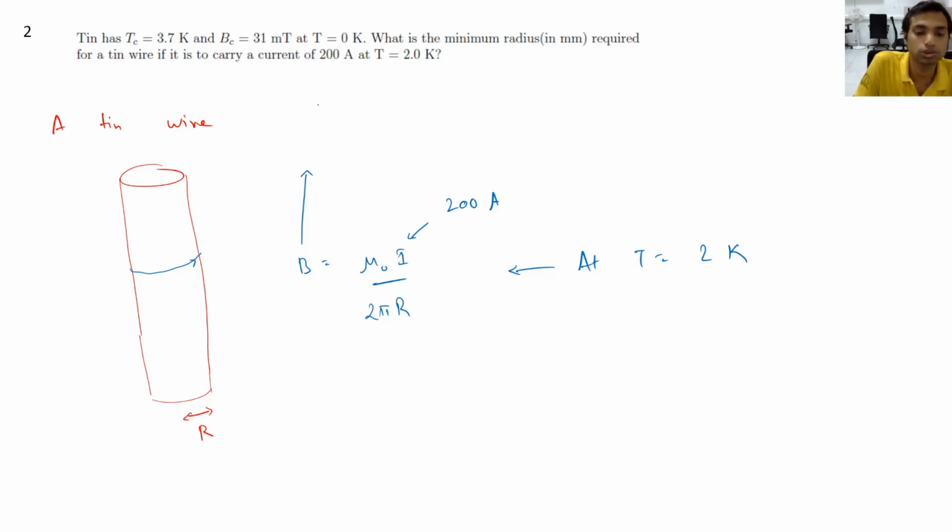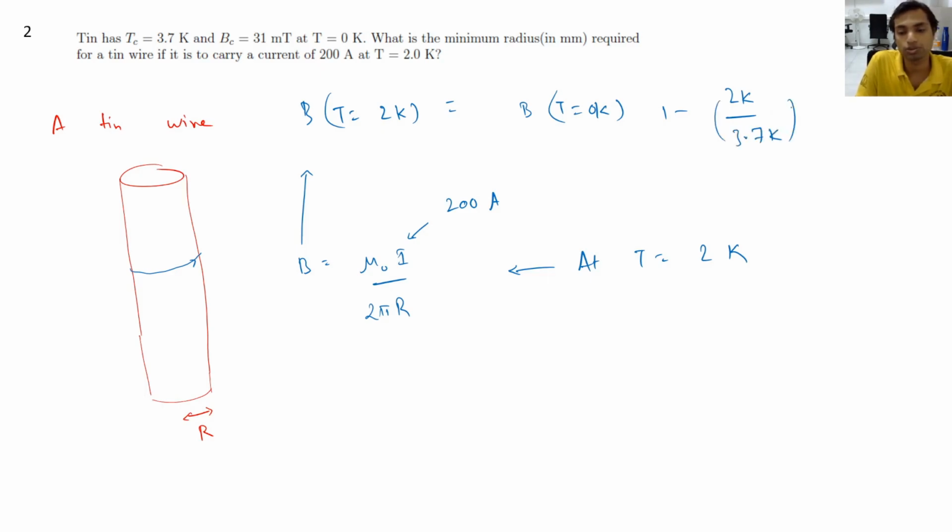So how do we get that? B at T equal to 2 Kelvin is given by B at T equal to 0 Kelvin times 1 minus T over Tc whole square, where T is 2 Kelvin and Tc is 3.7 Kelvin. So from here you will get B.